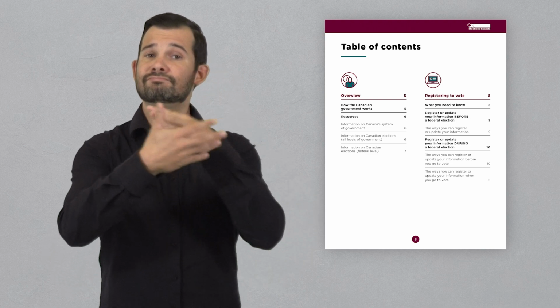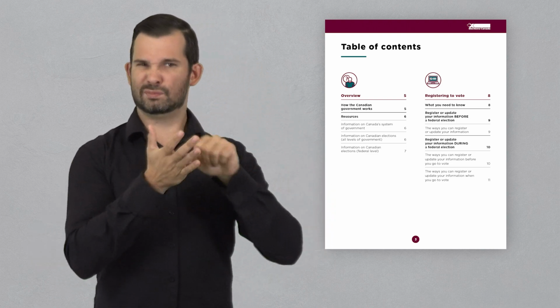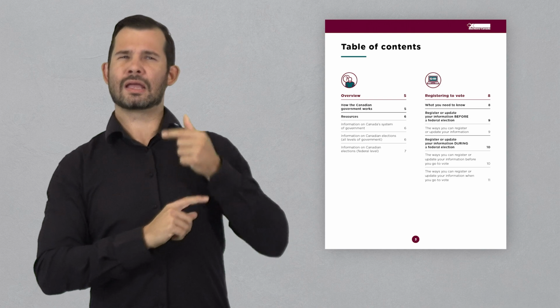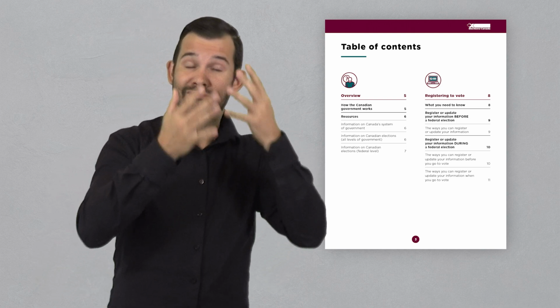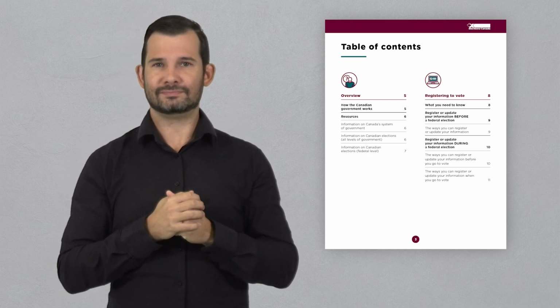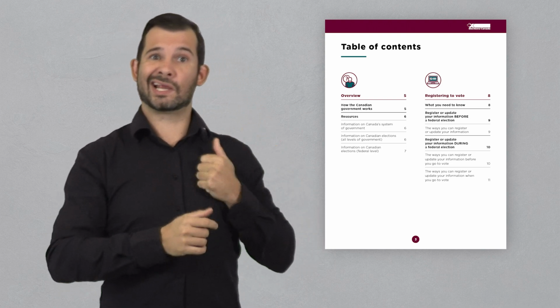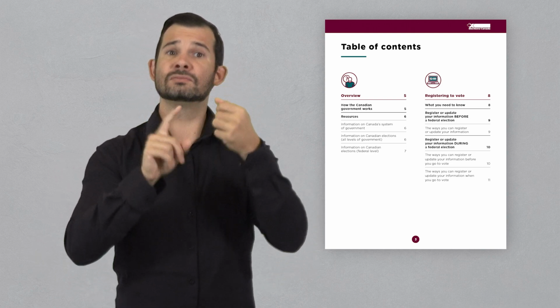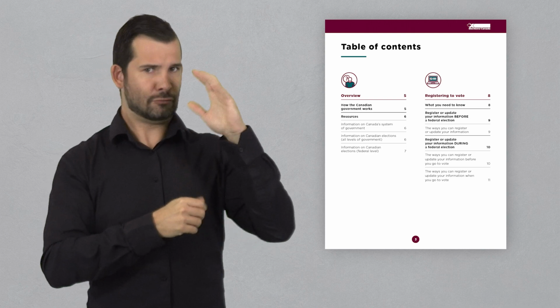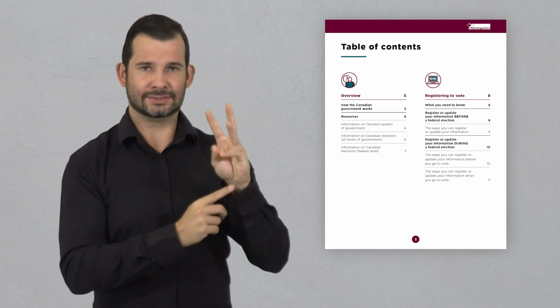Table of Contents. Overview, 5. How the Canadian Government Works, 5. Resources, 6. Information on Canada's System of Government, 6. Information on Canadian elections, all levels of government, 6.